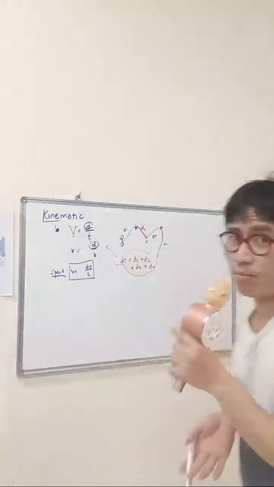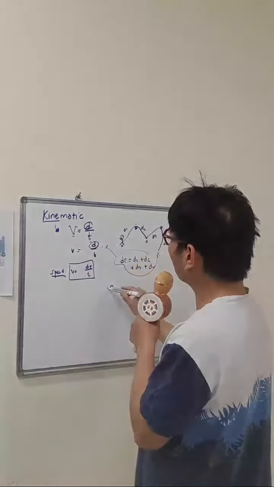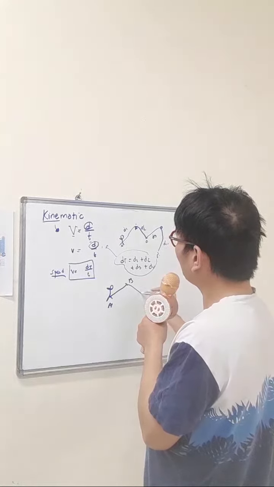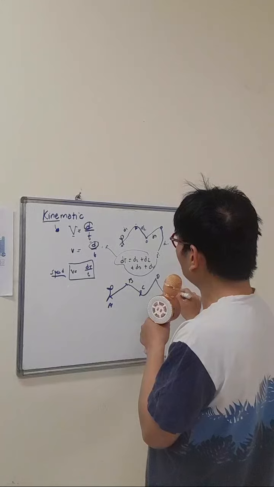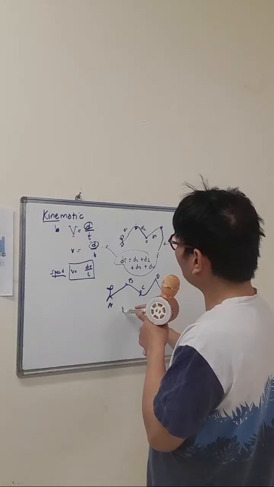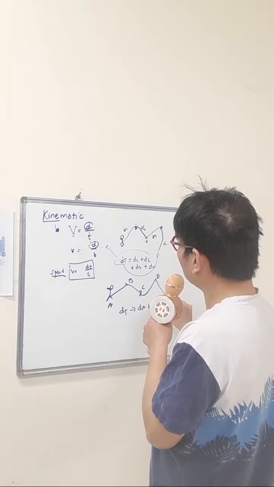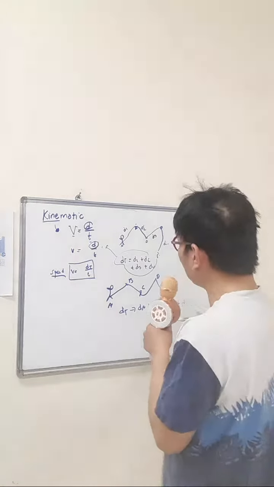Now what's the difference between the displacement and the distance? For example, Sotero walked from point A to point B to point C to point D to point F. Now Sotero covers a total distance of distance A, distance B, distance C, distance F, or social distancing.